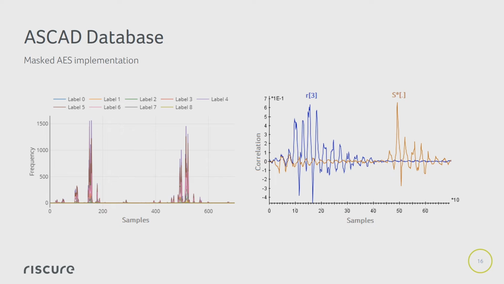You can see everything is masked, but when you train the network on these traces without knowledge of the masks, it learns exactly the samples where the mask and the masked S box output are located. So it's again doing some sort of second order analysis, and the neural network trained on that can break the target. Then we understand why, because it just combines the mask values with the masked S box value.